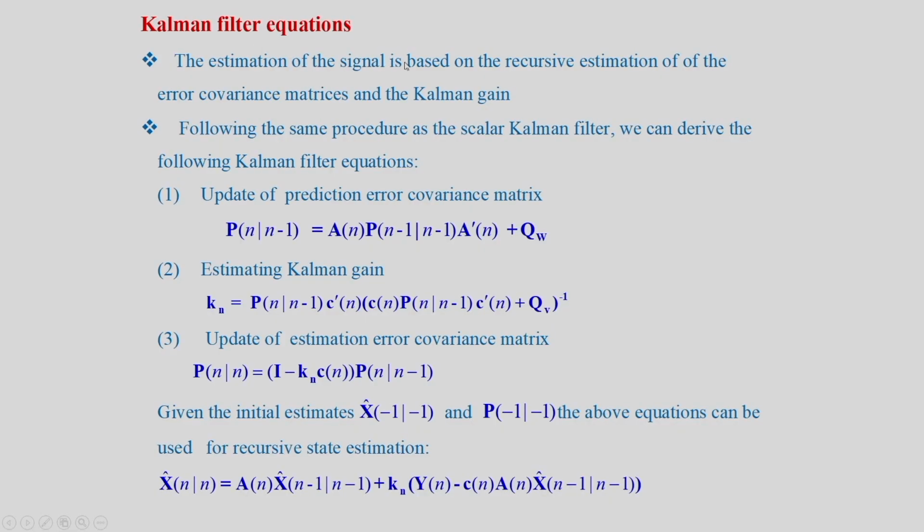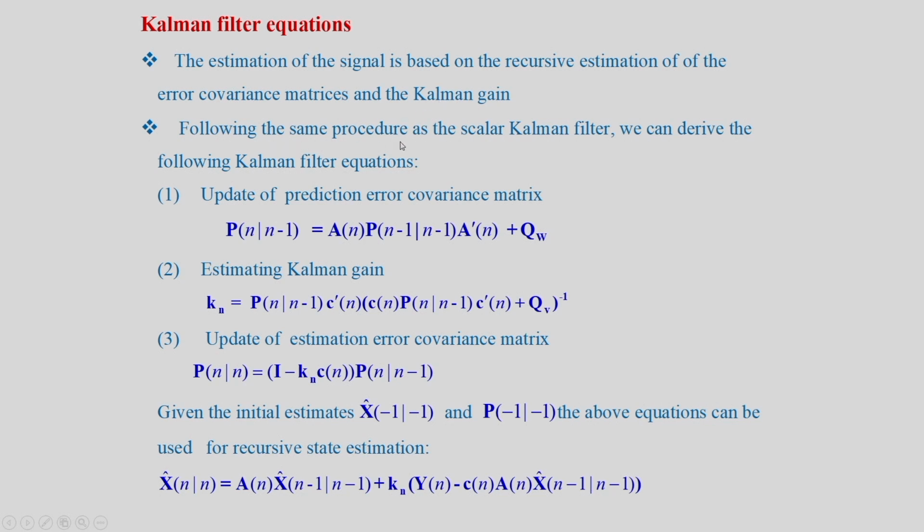Now, we will state the Kalman filter equation. The estimation of the signal is based on the recursive estimation of the error covariance matrices and Kalman gain. So, we will see how they are estimated.